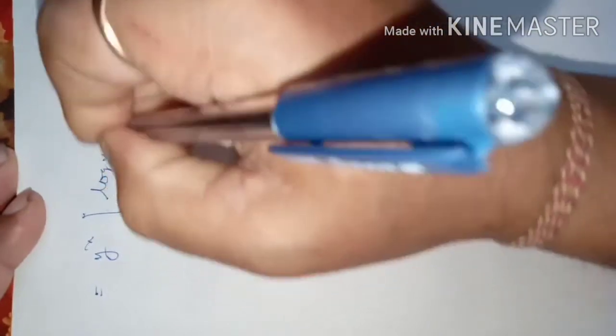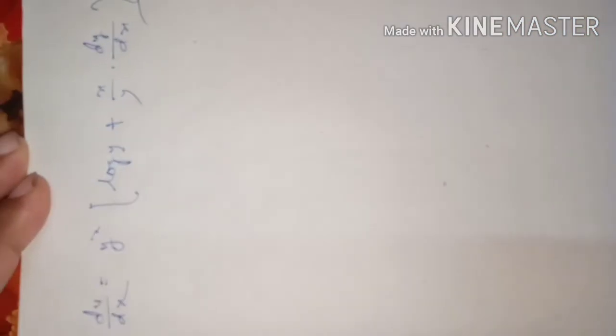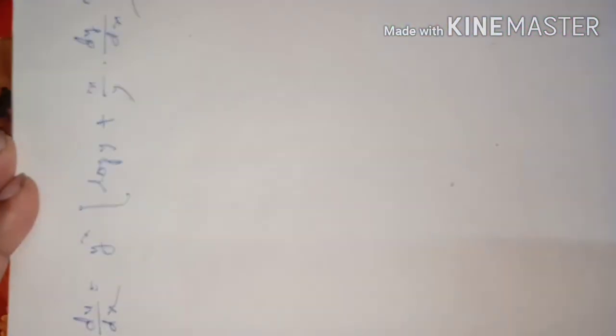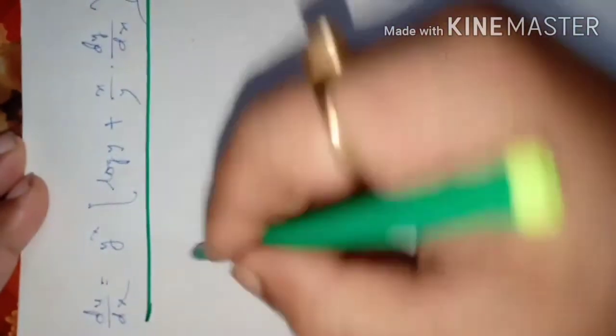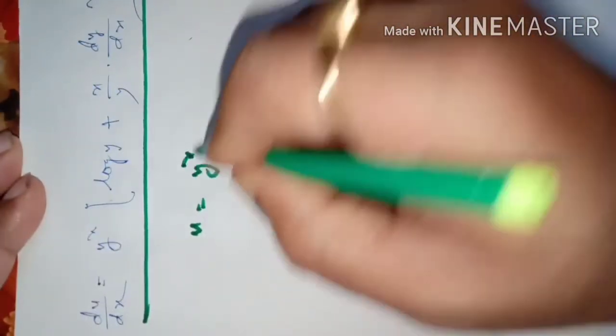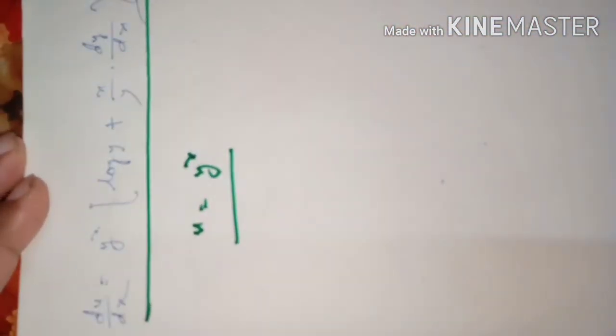Now, u we have considered as y to the power of x, so therefore du by dx is y to the power of x into log y plus x by y into dy by dx. So this is our result for the function u equal to y to the power of x. So using logarithms we can find the derivative this way.